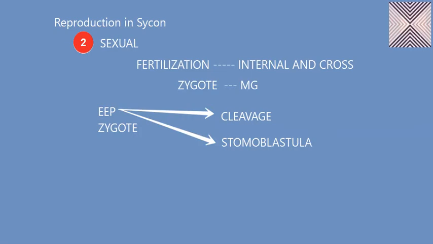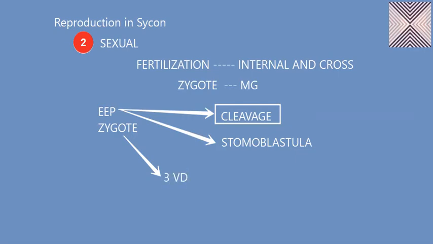So if we start with the very first part of the EEP, which is the cleavage, we start with the zygote, and this zygote undergoes 3 vertical divisions.